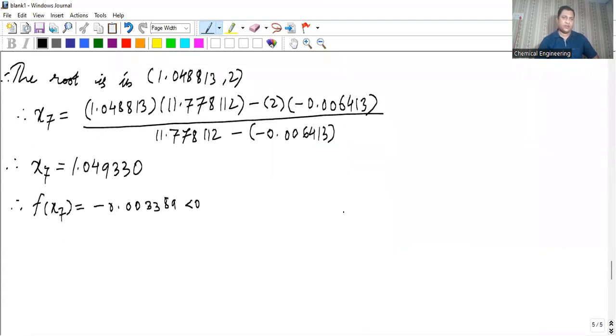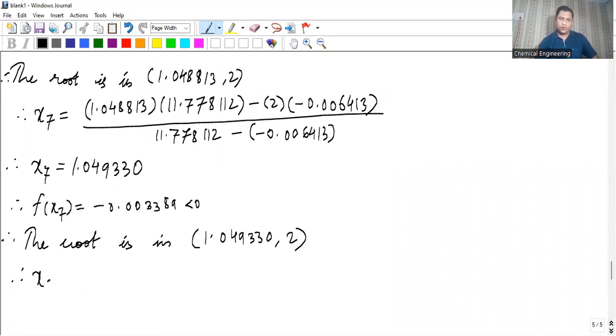Okay, so hence we can say the root is in 1.04933022. So we have to go for x8.